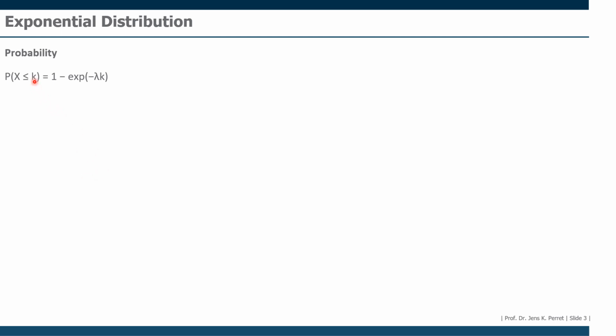The advantage is that we can directly use the distribution function to calculate probabilities of the classical nature we're going to work with when we work with continuous distributions. So the probability of a variable being smaller or equal to k is nothing else than k being inserted in the distribution function of the exponential distribution.